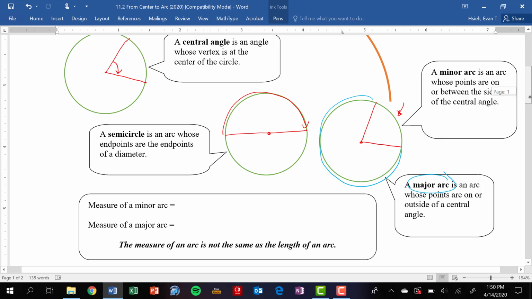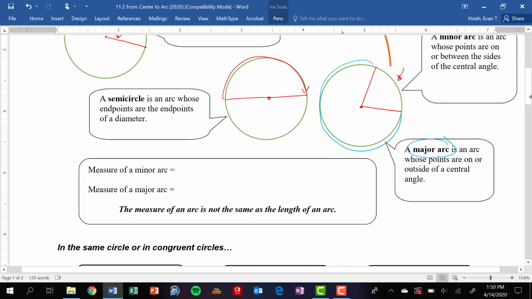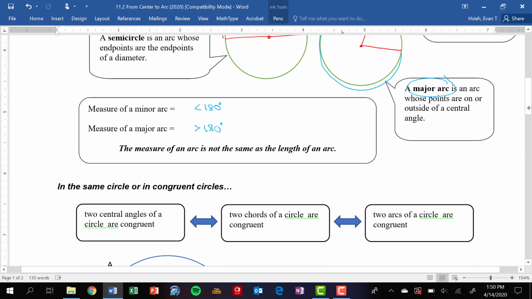Generally speaking, the measure of the minor arc is going to be less than 180 degrees, whereas the measure of the major arc is going to be greater than 180 degrees. And semicircle, of course, has a measure of 180 degrees.